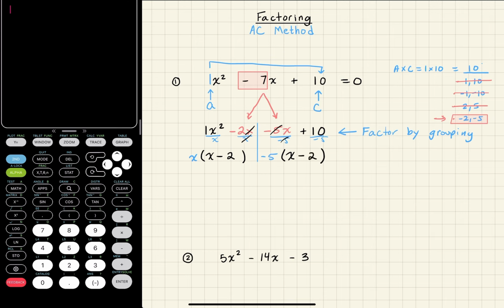These two terms match, so we know we've probably done everything correctly. And since they match, we can pull that out, leaving us with these two outside pieces as our other factor. And we've just completed the AC method.